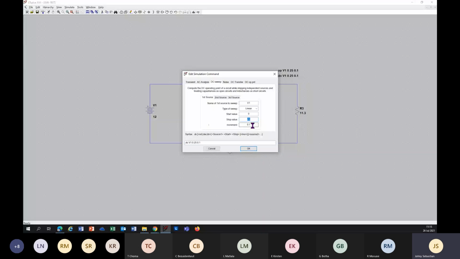In fact, 251 steps, including 0. And each step is incremented with 0.1 volt. So this computer is going to do the calculations and plot the output as a graph. Click OK. Now I'm going to run it.